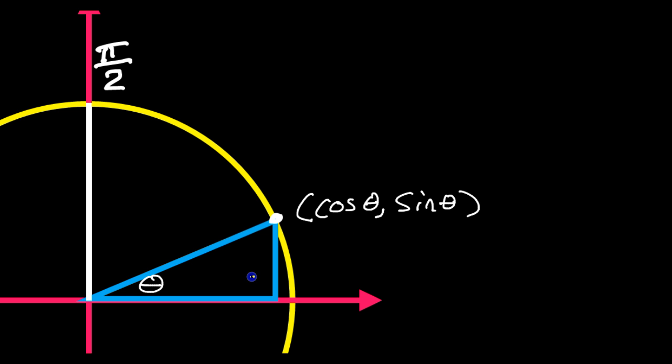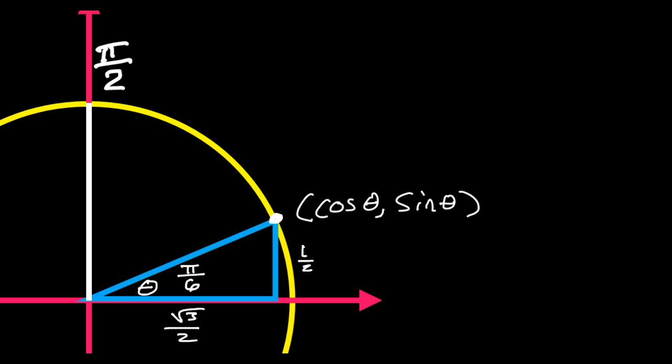Okay, this is the angle. So, for example, when we explored pi over 6 as our angle, triangle-wise, we figured out that this was going to be 1/2, and this was going to be radical 3 over 2.